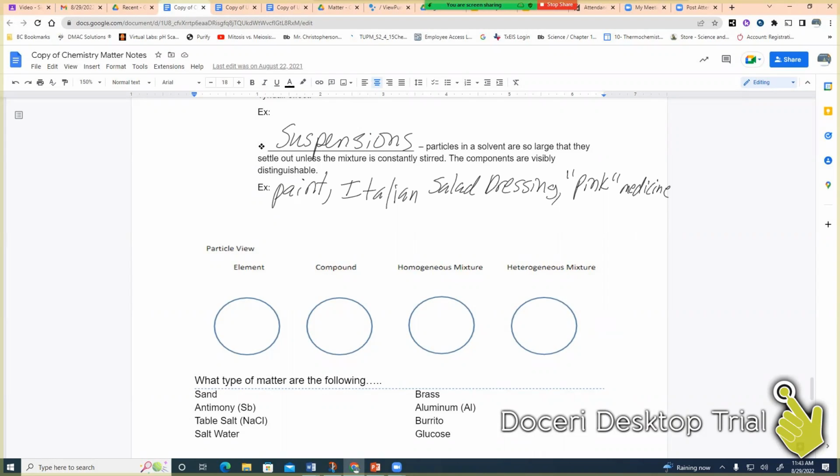All righty, let's draw some pictures. I'm not real good at drawing pictures, so we're going to do the best we can. This is an element. So let's just say those are all hydrogen atoms.